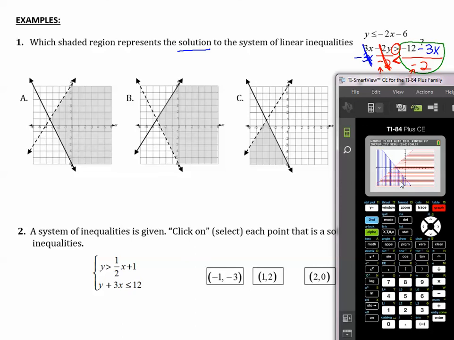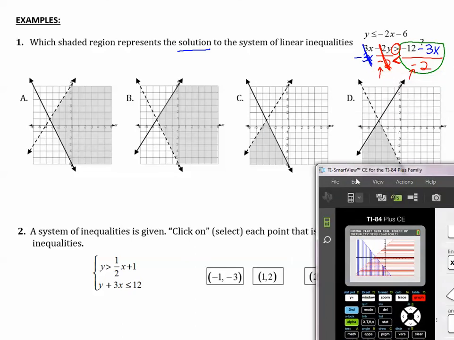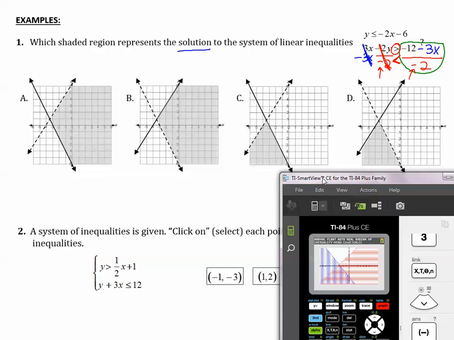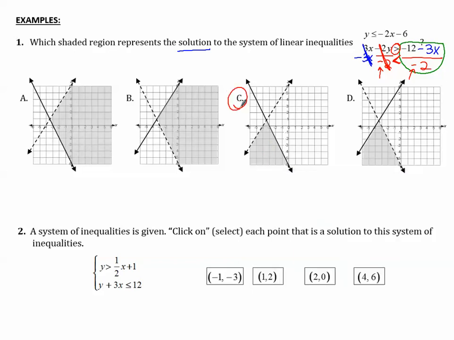It looks closest to this one. All we have to do is make sure that we're matching. The dashed line is the correct one. The solid line is that one, and that's the correct one. So yes, C is our correct answer based on what the graph shows us from the app.